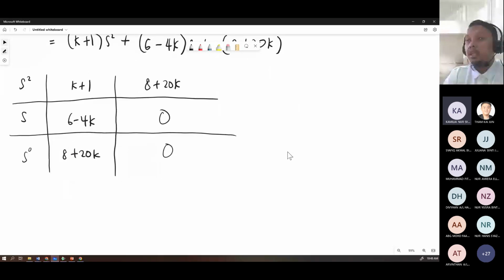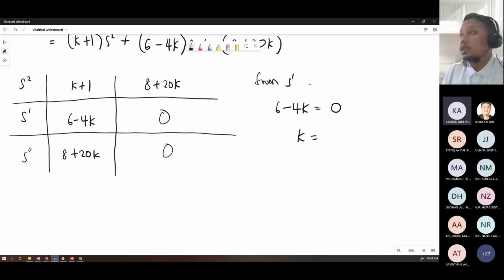So we need to determine the K value first for the marginally stable system. So we take S1. So from S1, 6 minus 4K equals 0. So K equals 3/2. And then use this on S2 to determine the J omega axis crossing.